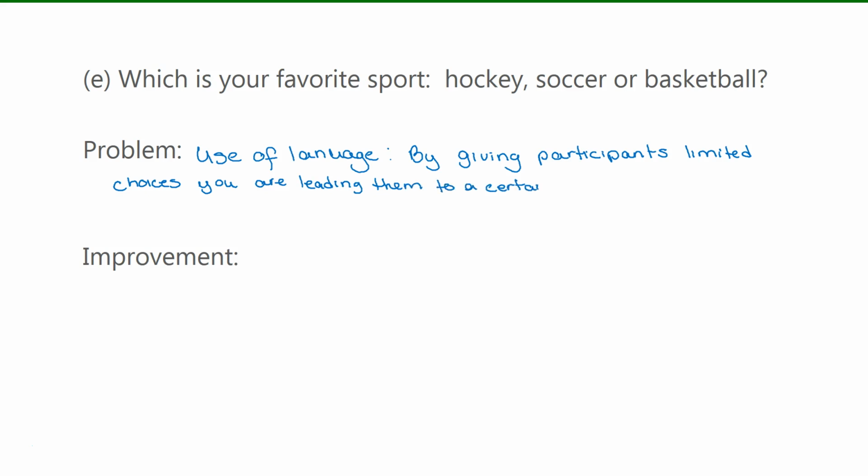You're forcing them to choose one of those 3 when they may not like either of those choices. So an improvement could just be leaving it open and simply stating what is your favorite sport.